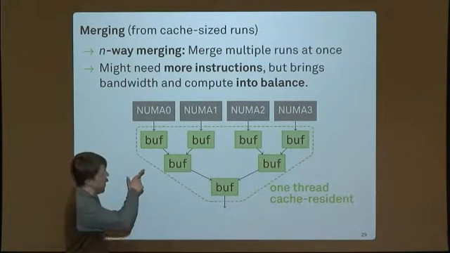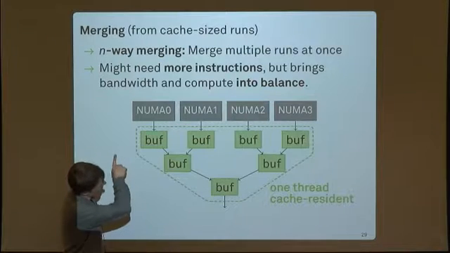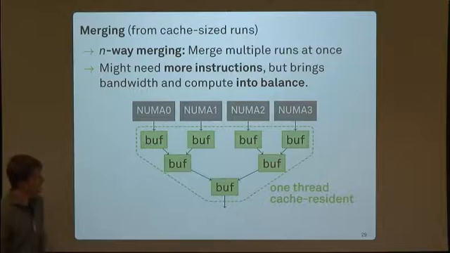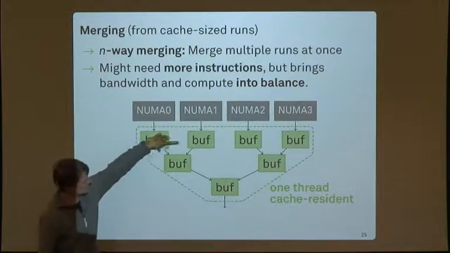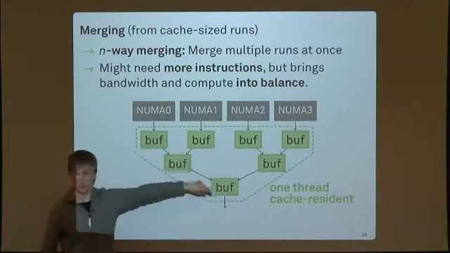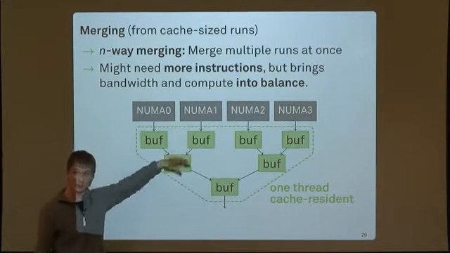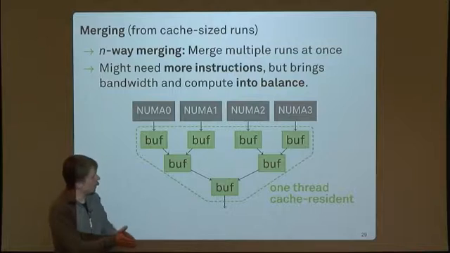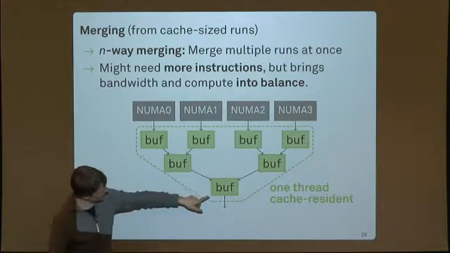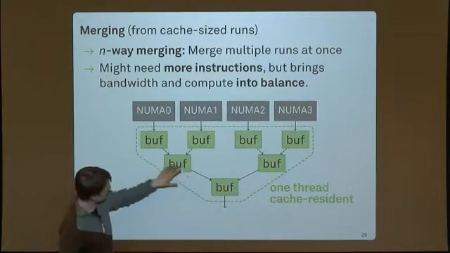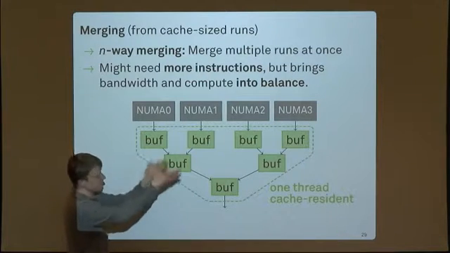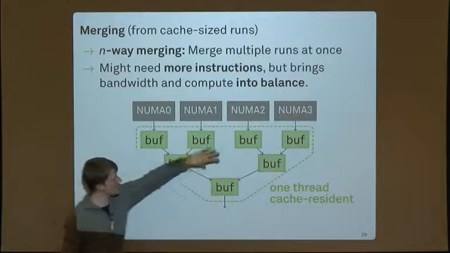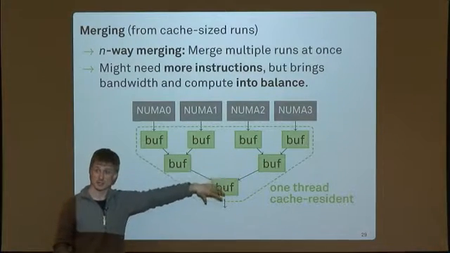So what we did was an n-way merging operation, which internally is broken down into a number of two-way merges, because the two-way merges are exactly the thing that you can do efficiently with SIMD, right? And now a single thread basically walks over all these merging pairs, merges a little bit here, merges a little bit there, as long as there's data there.